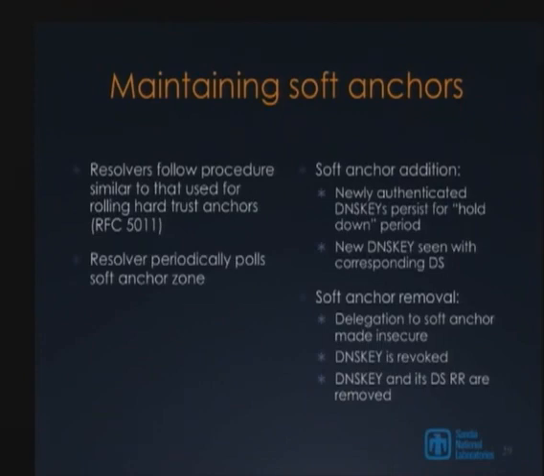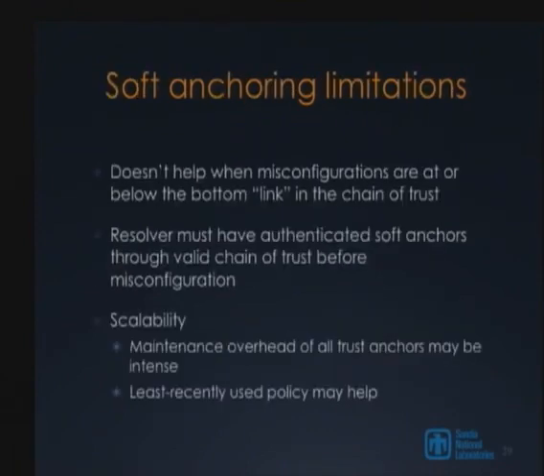Then the soft anchor is removed. Likewise, if the DNS key is revoked at some point, then it's removed as a soft anchor. Or if a DNS key and its DS resource record are removed, then that's how it's removed. So that's kind of the logistics behind how this works.